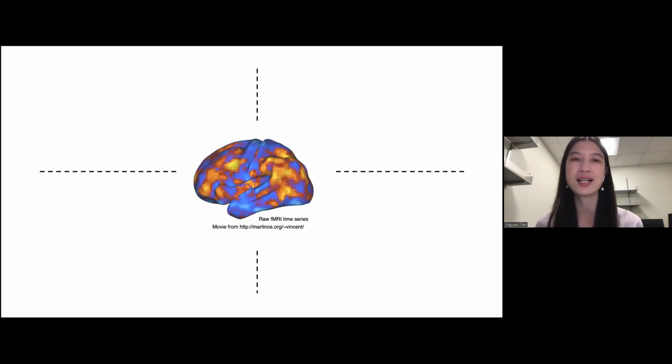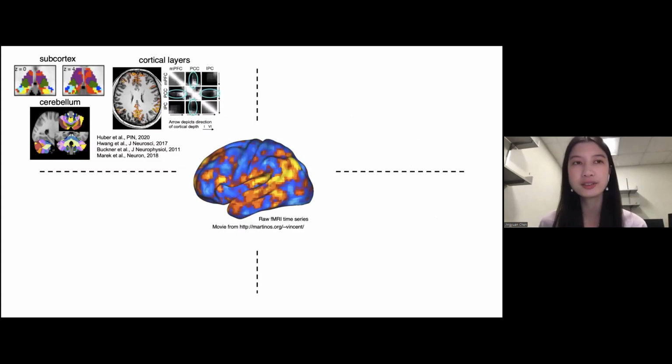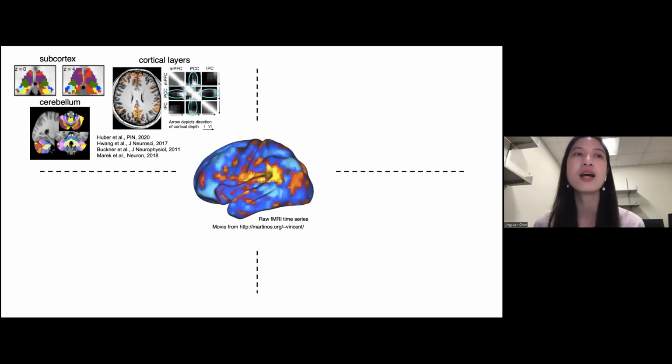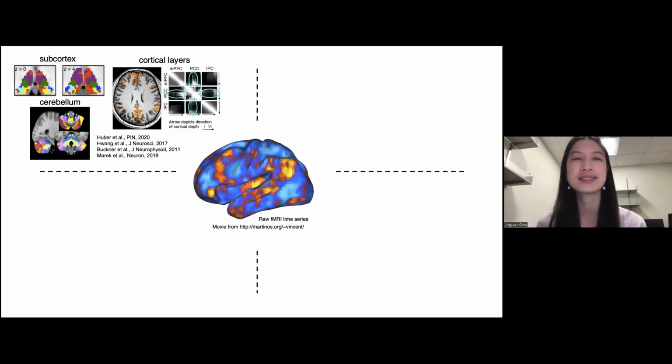For instance, these include whether we can use ultra-high field functional magnetic resonance imaging, which allows finer scale depictions of subcortical and brainstem regions and cortical layers, to achieve fine-grained characterizations of whole brain functional architecture.